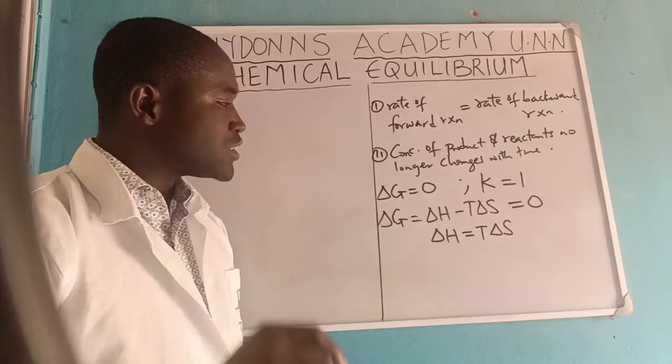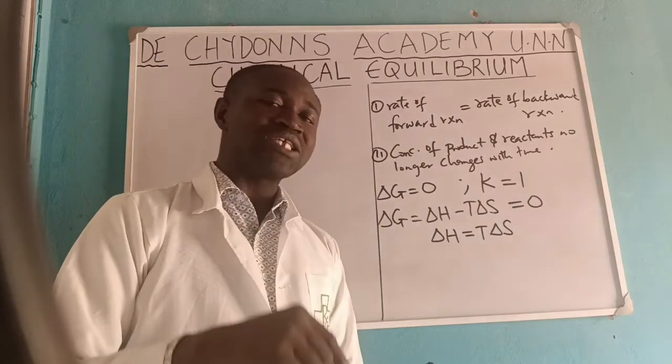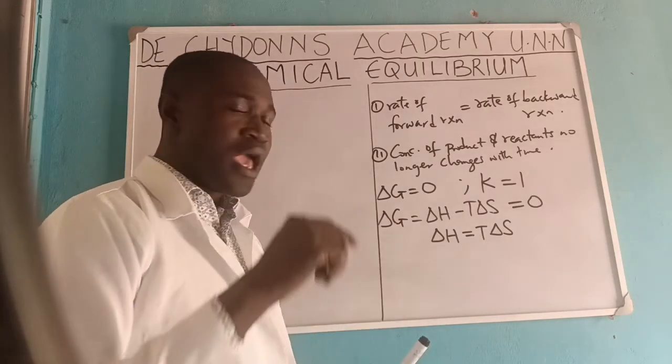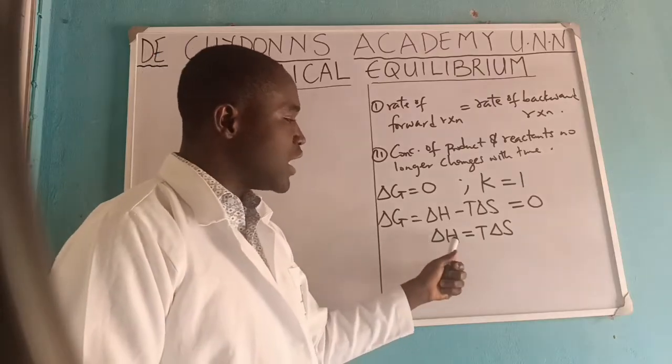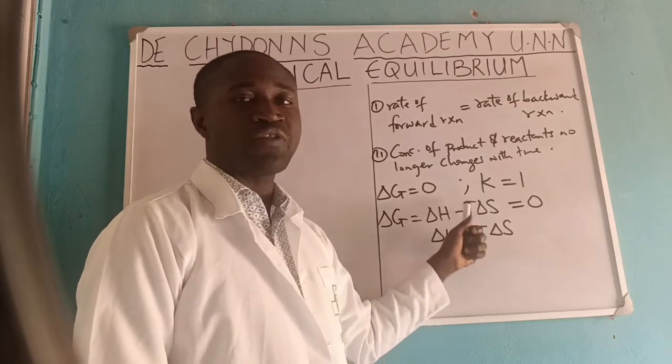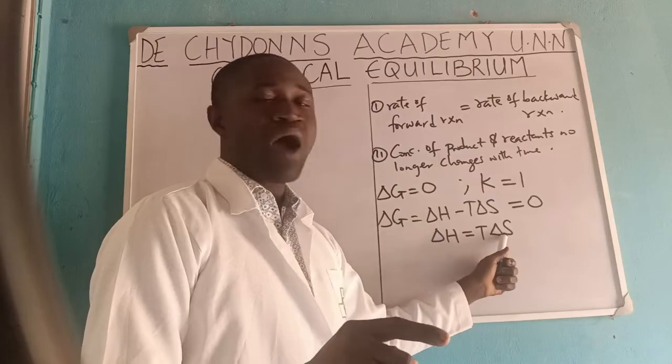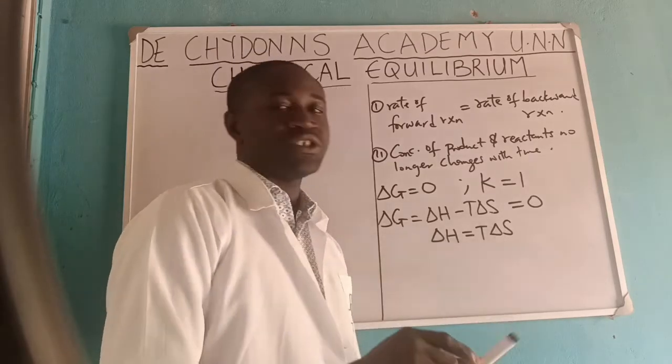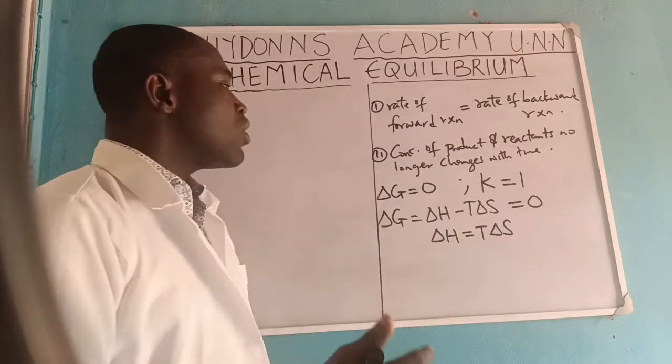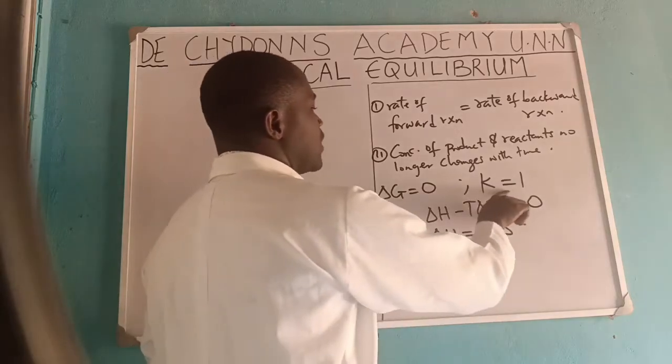We can also say that a reaction is said to be in equilibrium when change in H is equal to the product of the temperature in Kelvin and what? Entropy change.